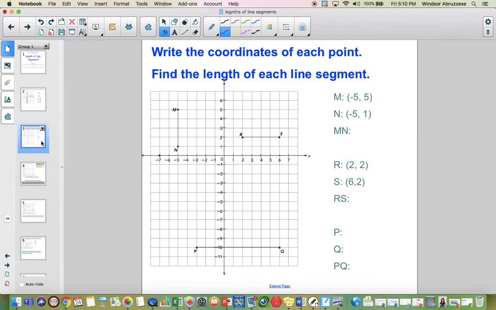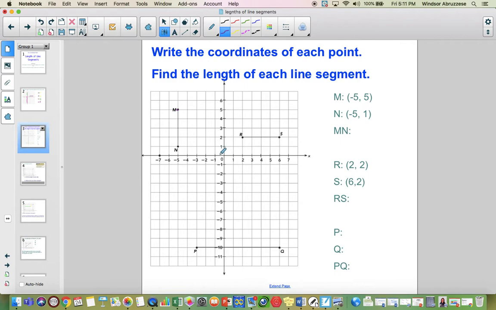Let's take a look at another example. For this one, we're going to write the coordinates of each point and then find the length of the line segment. So on this example, I already have the coordinates for MN and RS. So we're going to start with M, which is up here. You start at the origin, remember, to write a coordinate. You go -5, jump up to +5.